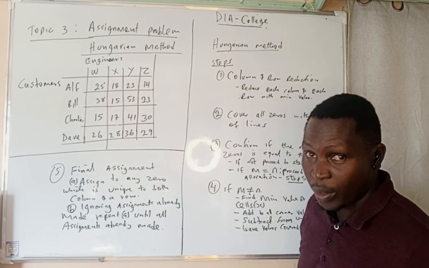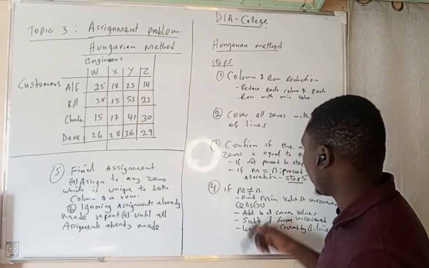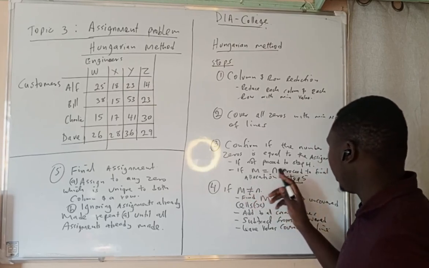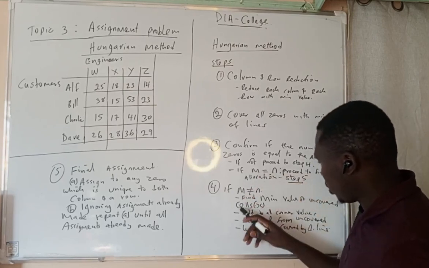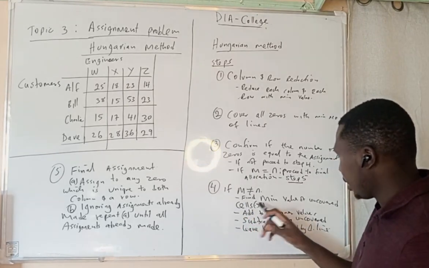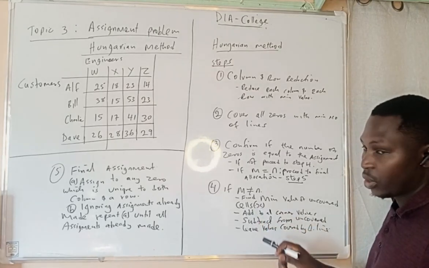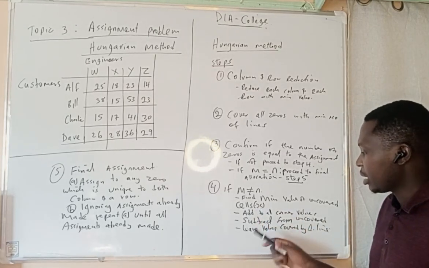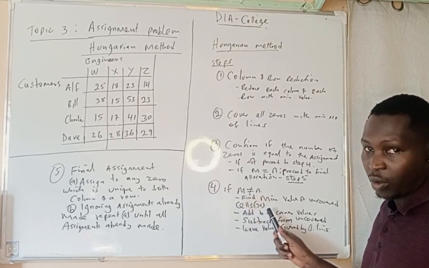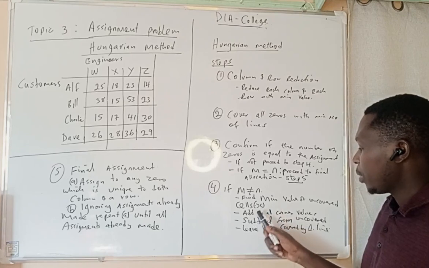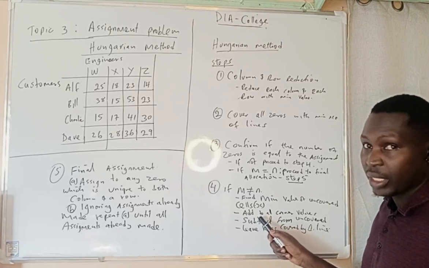In step number 4, we perform the following procedure. We find the minimum value of the uncovered cells, the cells which were not covered by lines, and call it X. Now you add this minimum value X to all corner points, that is, all values covered by two lines.